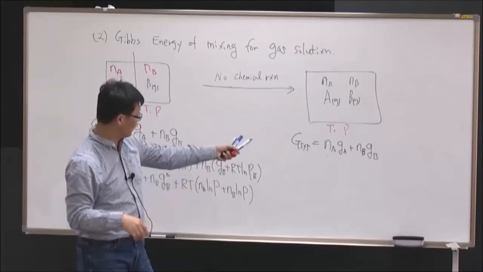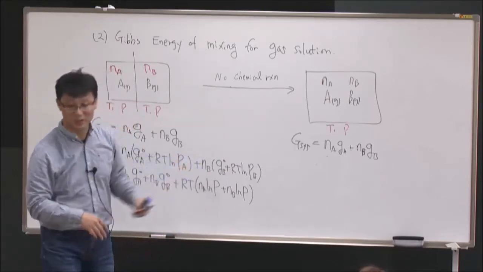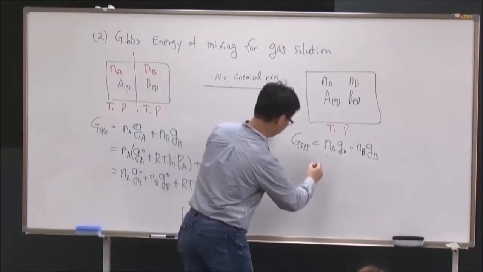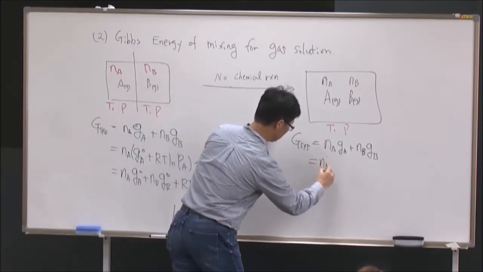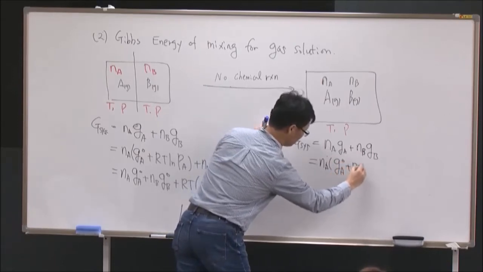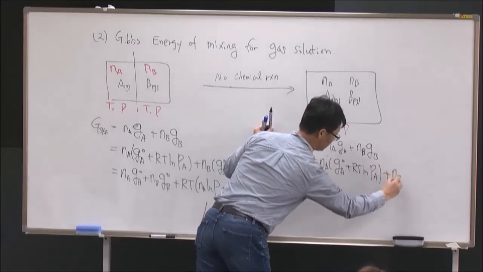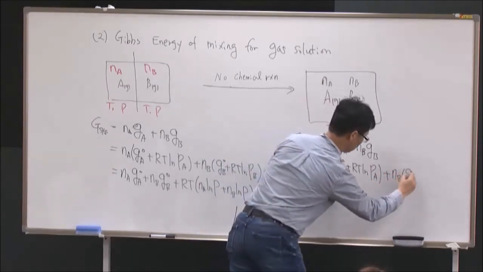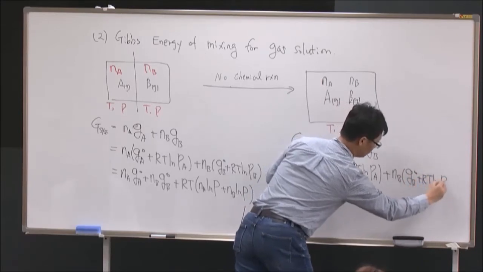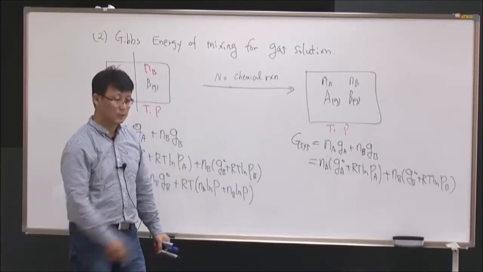Okay? So the Gibbs energy of A and the Gibbs energy of B can be expressed exactly the same way as before. Okay? So this is NA GA... Is it okay? This is easy.